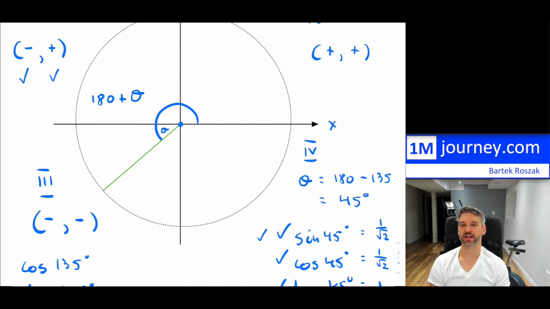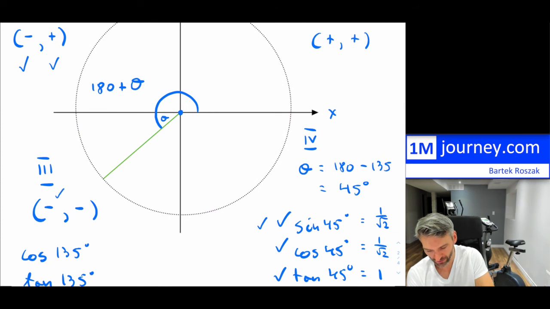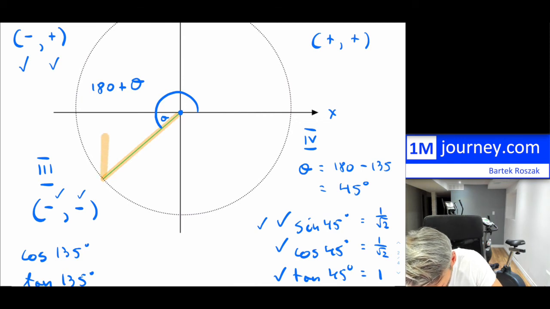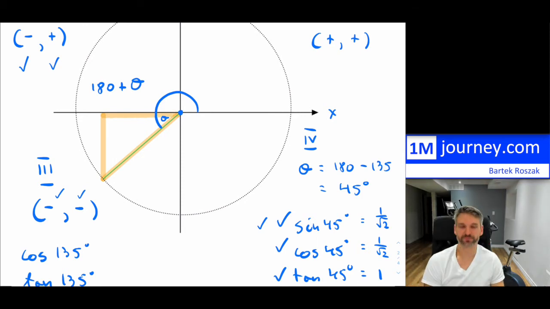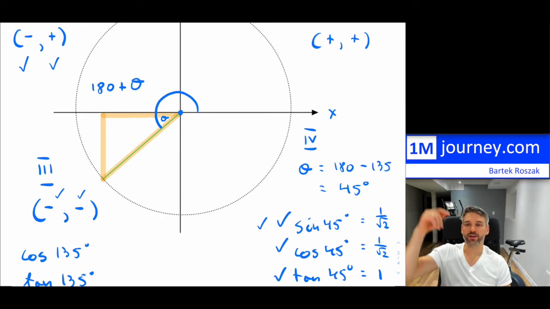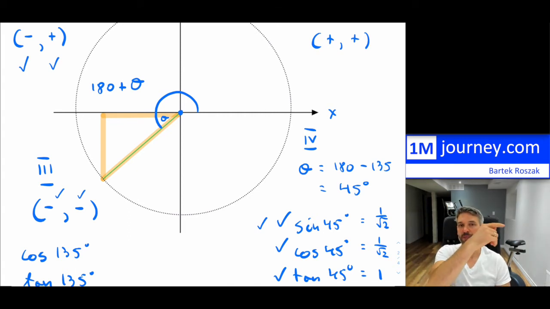Now all of a sudden, your answers should actually both be negative, because the right angle triangle that you're creating is going to be this triangle. And if you have this triangle right here, your opposite, adjacent, and hypotenuse: the adjacent is negative because it's pointing this way.